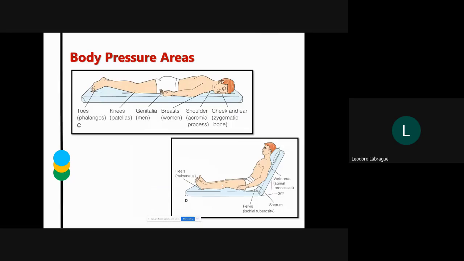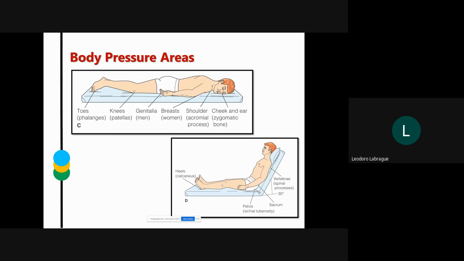If your patient is in prone position and if your patient is in Fowler's position, again, there are pressure points that you need to check, palpate, and inspect. And I want you to read what are those body pressure areas. It is in your slide right now. You have the toes, the knees, the genitalia, the breast for women, the shoulder, the cheek, and the ear.